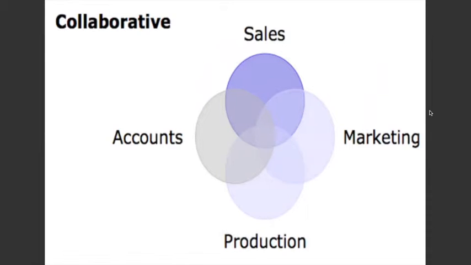All right, the next diagram shows a collaborative organization in which the objectives and values of employees and management are aligned, which is demonstrated here by the overlaps of all the different factors or departments.